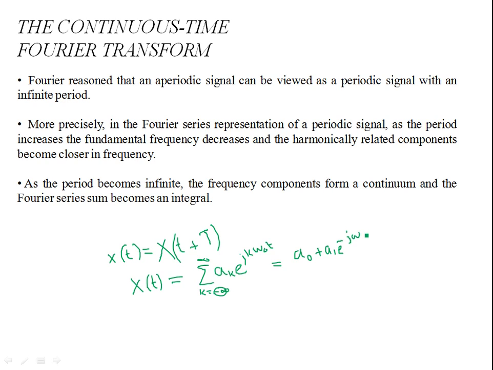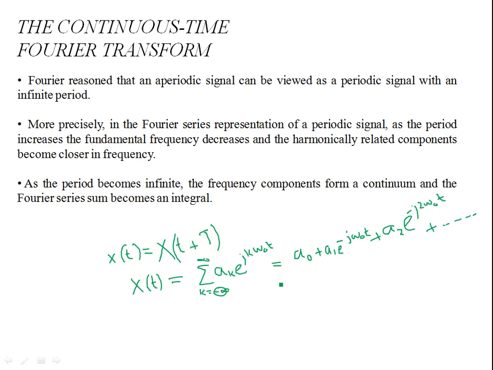That's your first order fundamental frequency, plus a2, which forms the strength or weight of the second harmonic, twice omega naught, and this trend continues up to infinity if the signal consists of a very large bandwidth or a large number of frequencies. So if it is periodic, it can always be represented in terms of its Fourier series expansion.